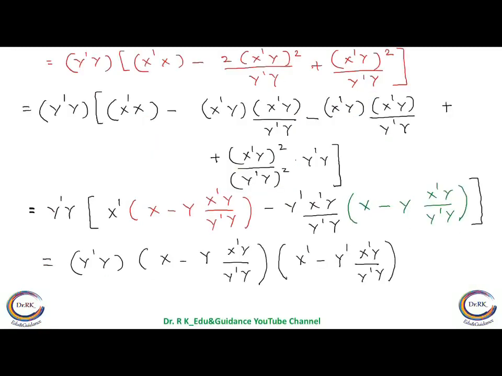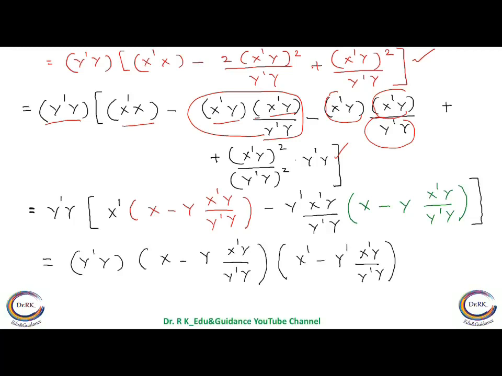So this is what we got. Now we can separate this. This can be written as y transpose y times [x transpose x minus (x transpose y)(x transpose y) by y transpose y], with one more term (x transpose y)(x transpose y) by y transpose y, and this term as it is. What we have done is separate it into two terms.